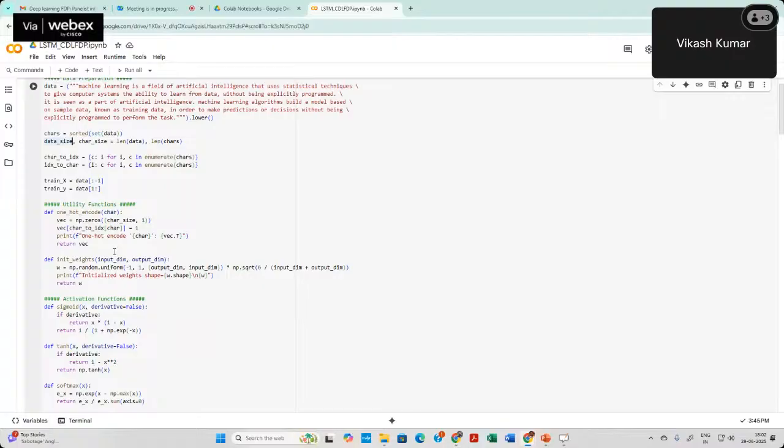Now this is the data we are having. Suppose this is the training data. In a real world example, it happens to be a whole corpus of data. It may be the whole Wikipedia page or some corpus of data that you have. The whole corpus will be used as training.